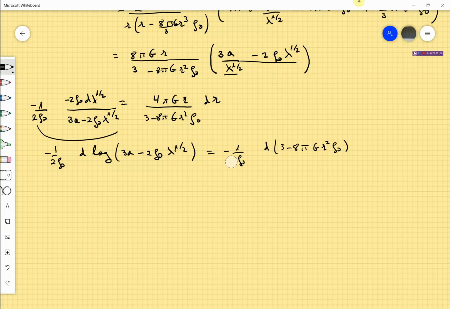No, if I do it like this, I need a factor of 4, divided by 3 minus 8 pi, and so on, which means I have the derivative of the log.